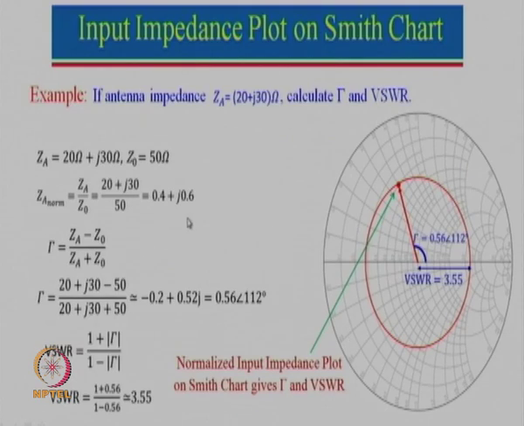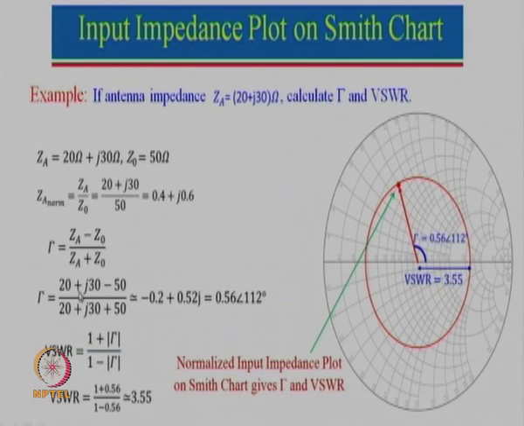Now, let us see what happens if the antenna impedance is a complex number. Here we have just taken an example of 20 plus J30. There are two ways to solve this problem, where we want to find out the reflection coefficient and VSWR. One way is that we substitute in this particular expression, gamma equals ZA minus Z0 over ZA plus Z0.